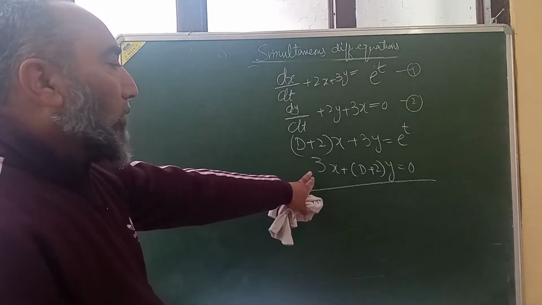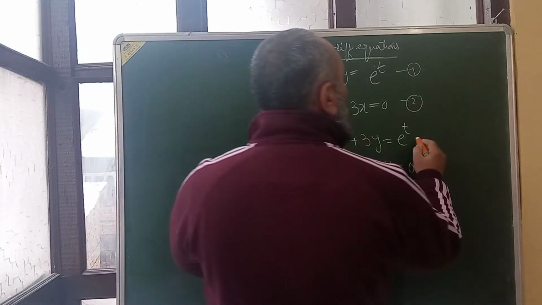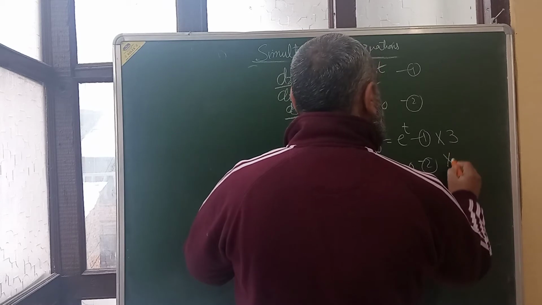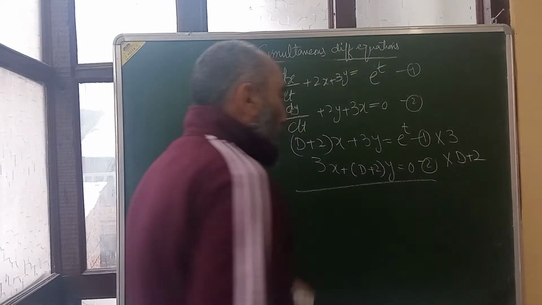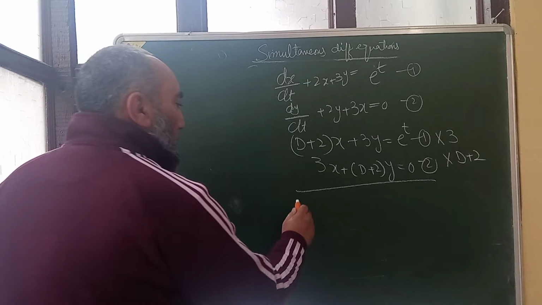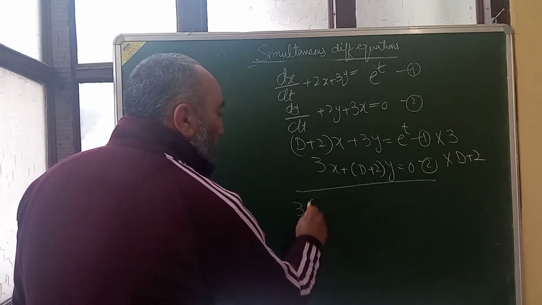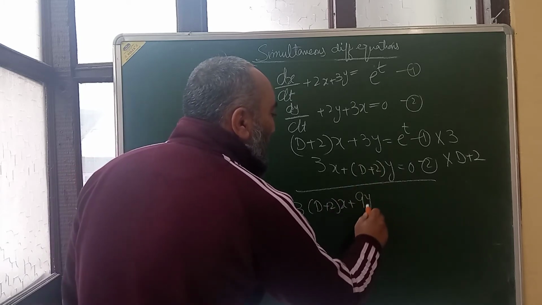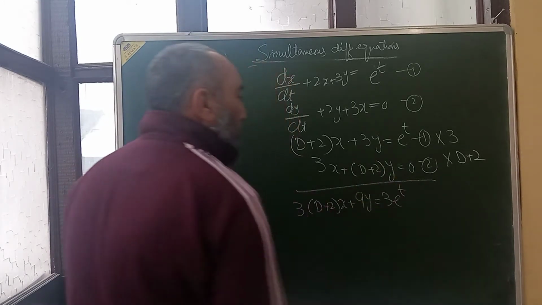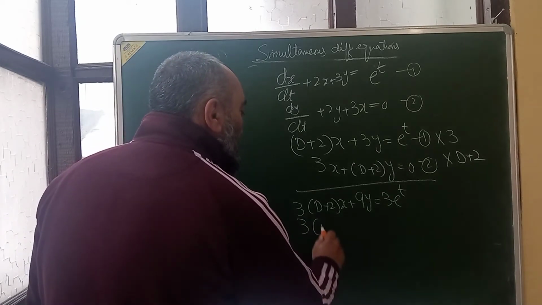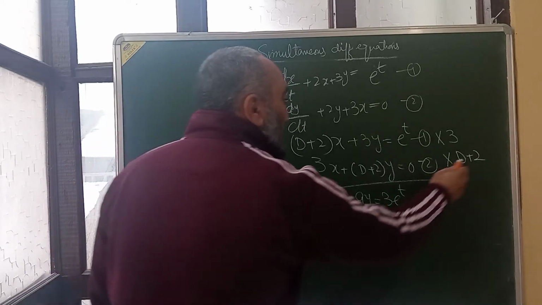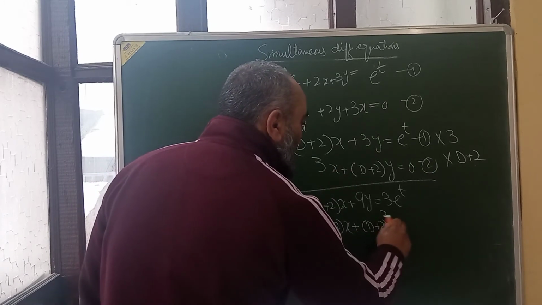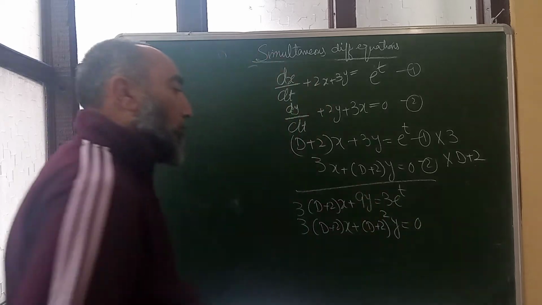So if I have to eliminate x, then I will multiply 1 by 3 and operate 2 by d plus 2. So 3 times d plus 2 operating on x, 3 3s are 9, y equal to 3 e raised to the power t. Then 3 times d plus 2 operating on x, then d plus 2 whole square operating on y equal to the differentiation of 0, which is 0.